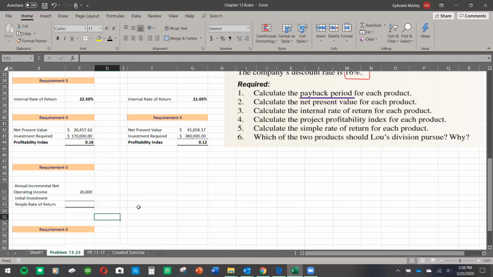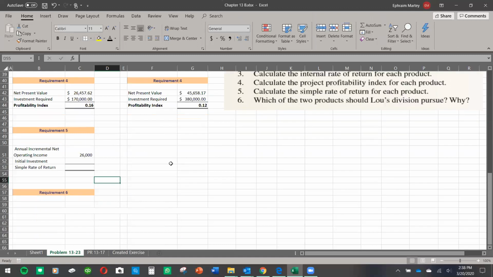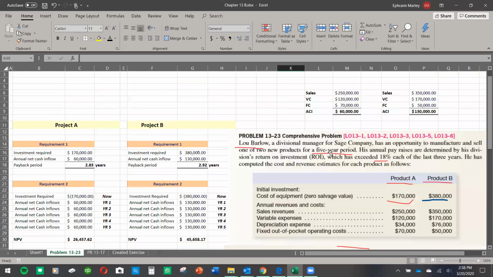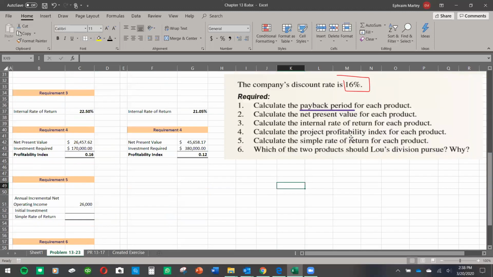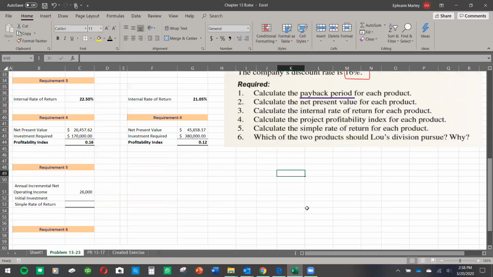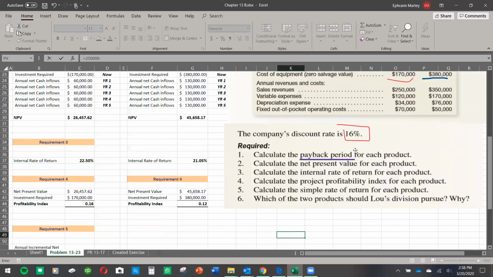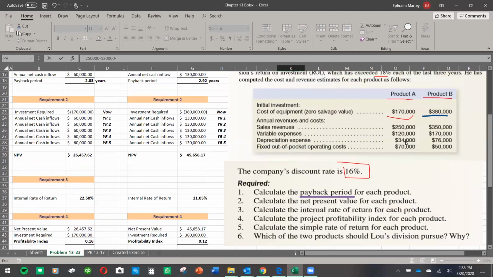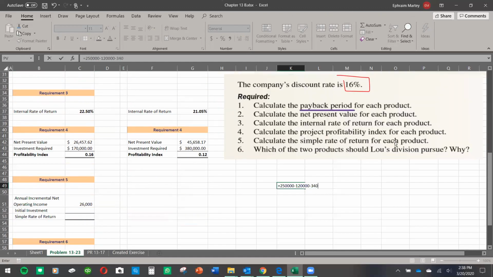And if you want to double check, let's see what we have when we do it this way. We know we have revenue of 250,000 minus all the expenses. So we minus 120,000, minus 34,000.